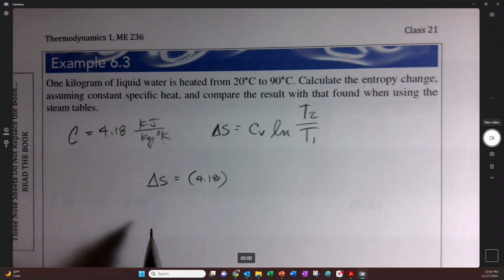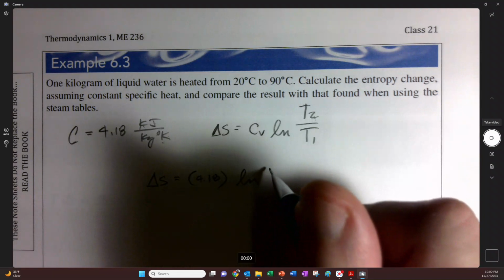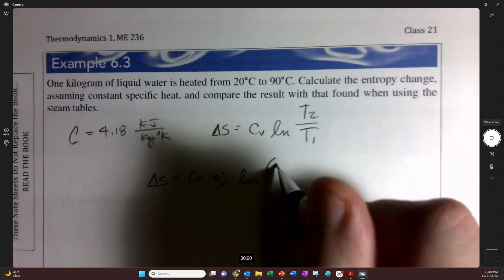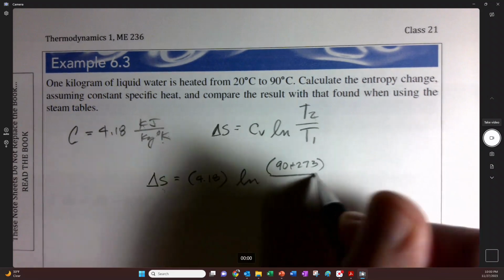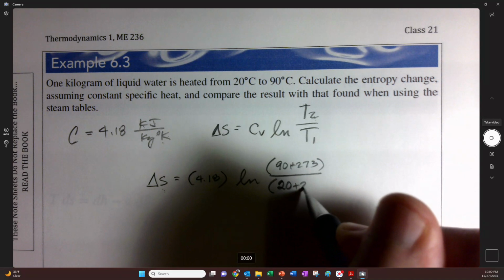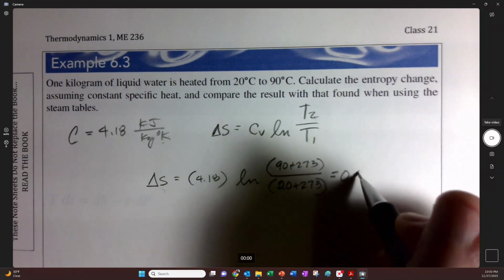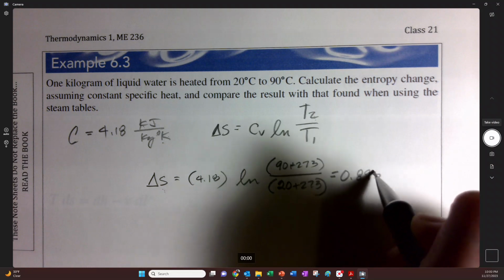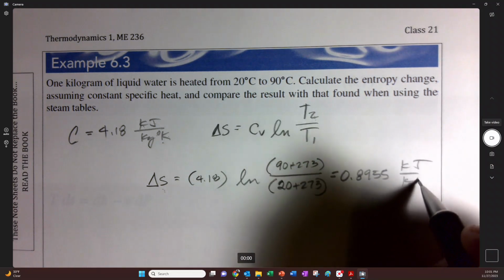But we need to get these ratios correct. We need to take our 90 plus 273 divided by 20 plus 273. And if we plug all those numbers in, 0.8955 kilojoules per kilogram degree Kelvin.